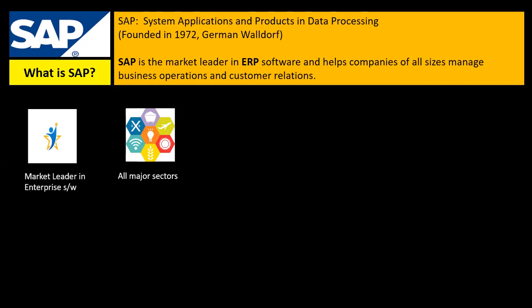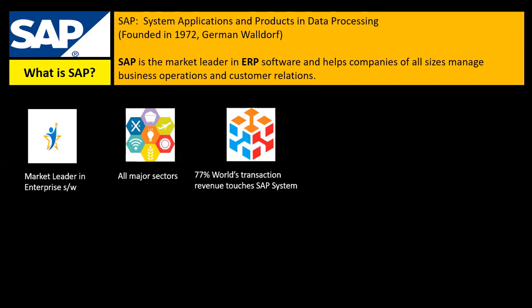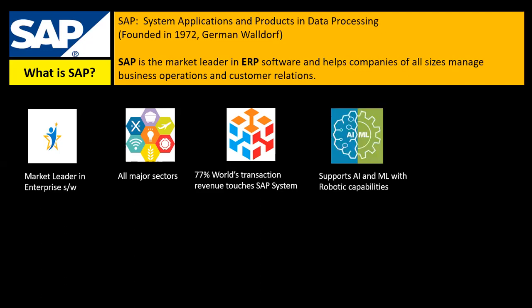You can consider any sector: oil sector, aviation sector, manufacturing sector, pharma sector, chemical sector. Name any sector, there will be a product related to the sector available with SAP. Then approximately 77 to 80% of transaction revenue touches an SAP system. So you can see the scope and how vast it is, how big it is.